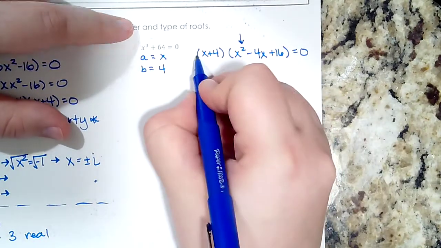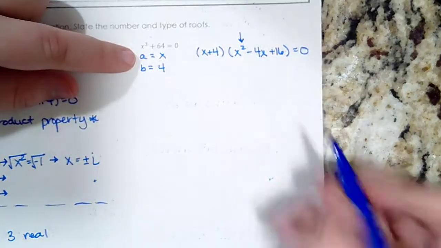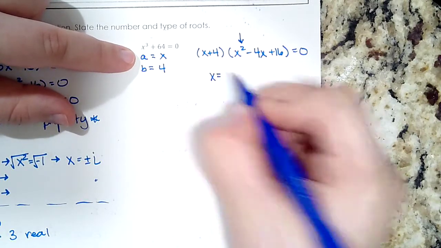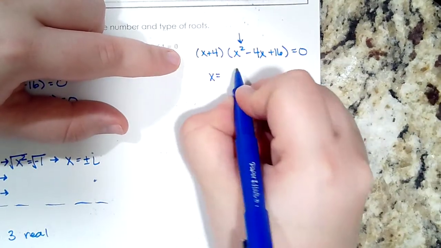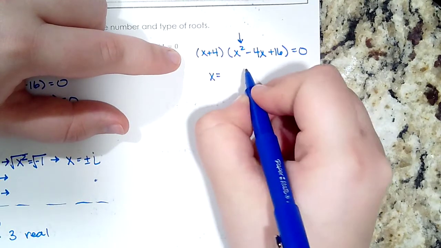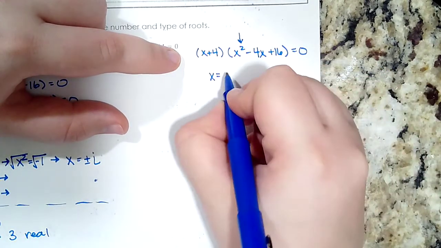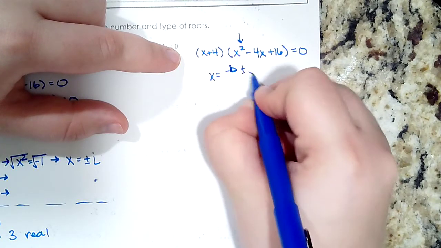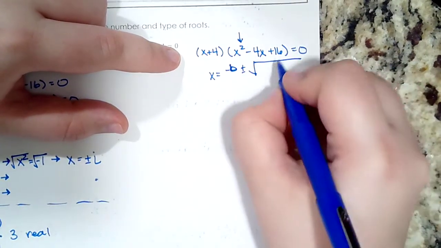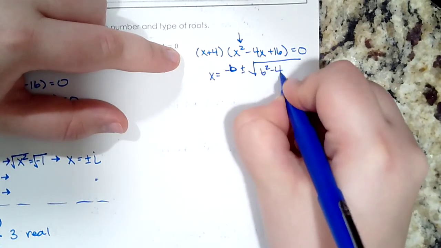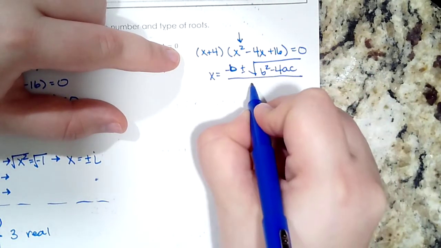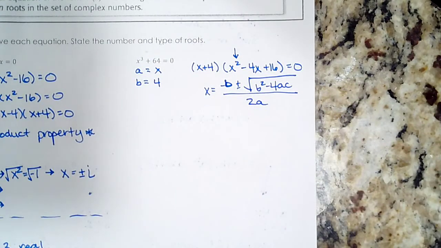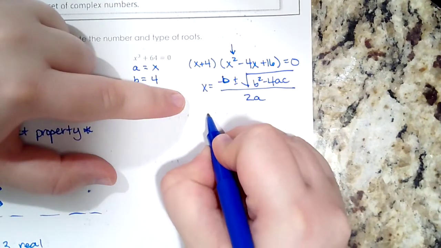All right, this answer is eventually going to be useful to me, so don't forget about it, but right now we're just going to throw that quadratic formula out. x equals, and just for kicks, I'm going to write the equation out for those of you who don't remember it. x equals negative b plus or minus the square root of b squared minus 4ac all over 2a. All right, let's plug things in.